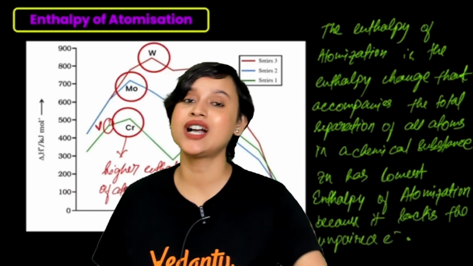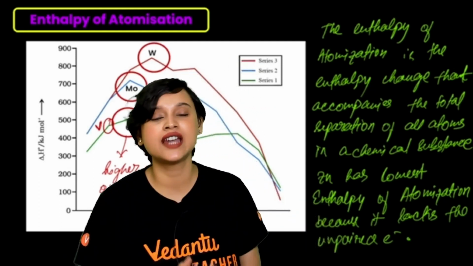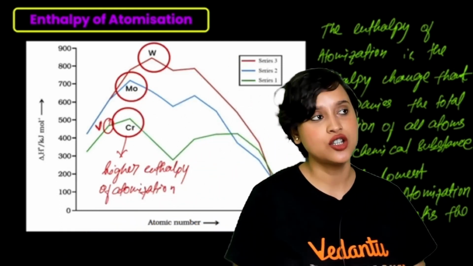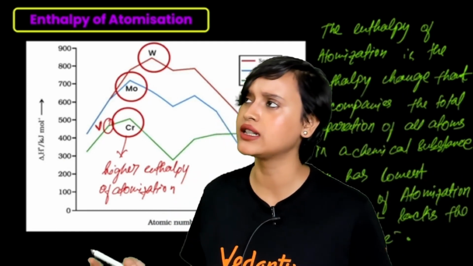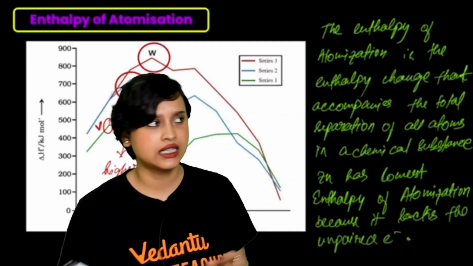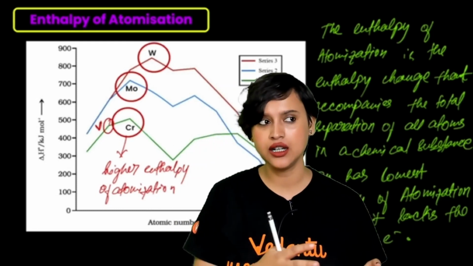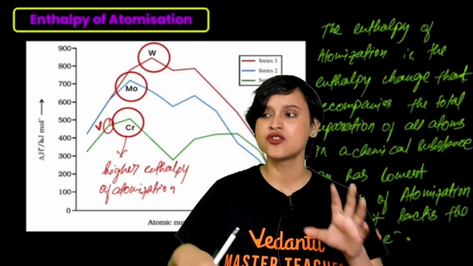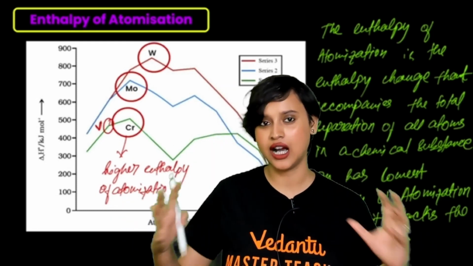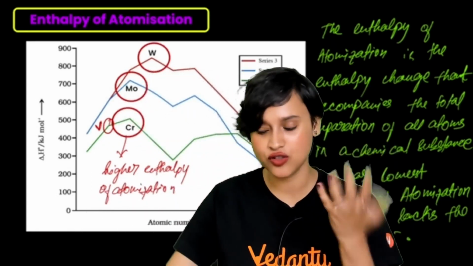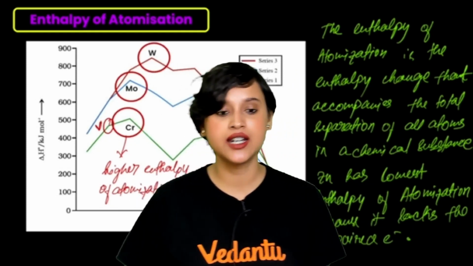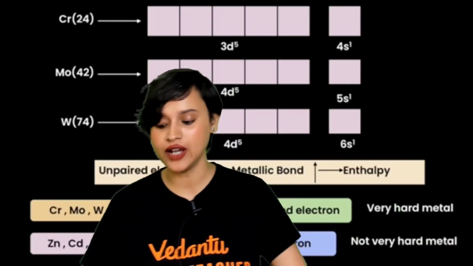Maybe because it is just increasing. It has 3d3 4s2, so I think these 3 unpaired electrons are very strong. No need to understand, just know that this is also an exception: vanadium also has one of the highest heats of atomization.